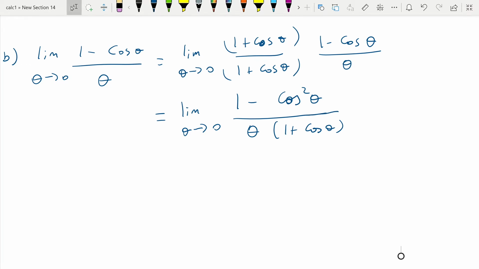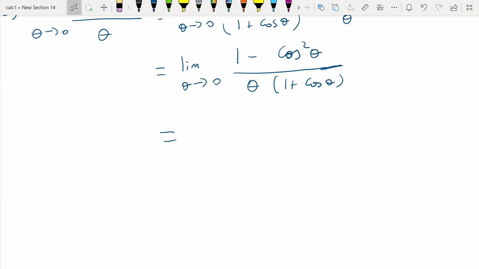Okay? And what is 1 minus cosine squared? That's the reason why we multiply by 1 plus cosine, because that's equal to sine squared of theta. Remember, sine squared plus cosine squared is equal to 1.